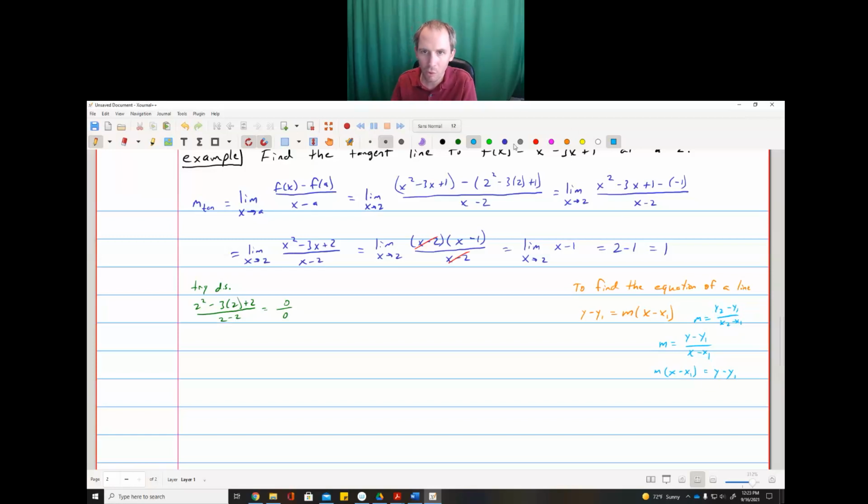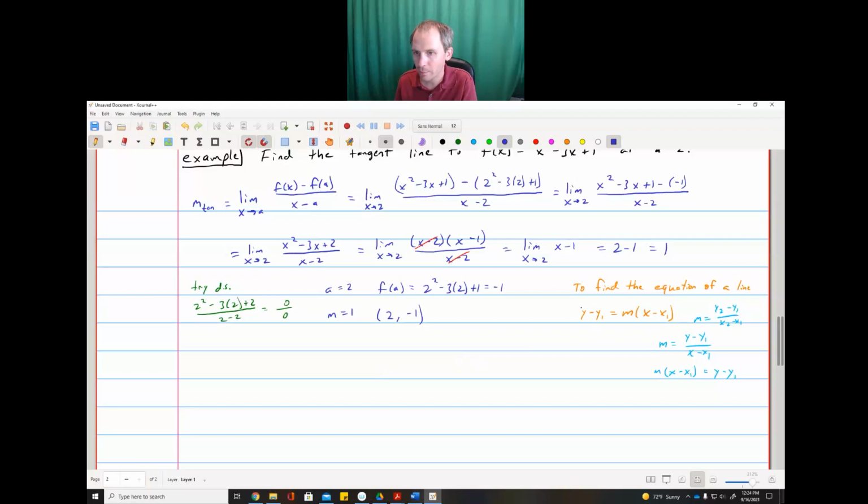Okay, so if I use that back here, well, I need to figure out my point first. I know that my x value is 2, right, because we have this a equals 2. Right, so f of a is 2 squared minus 3 times 2 plus 1, which I think we said was negative 1. Okay, so we have a slope of 1 and a point 2 comma negative 1.